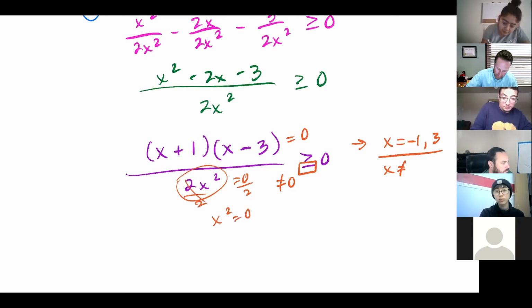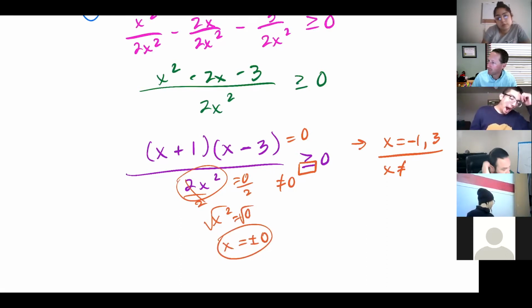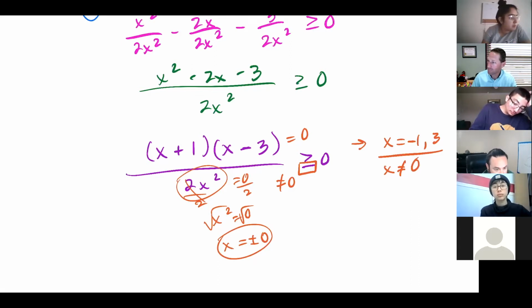Divide by 2, that gets rid of the 2, and then take the square root of 0, you get 0. Technically it'd be plus and minus, but no such thing. Now that is something that's important. I'll get back to that in a minute.